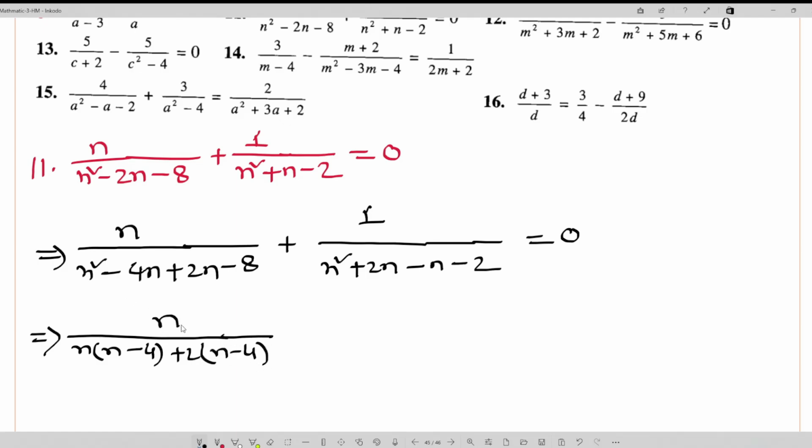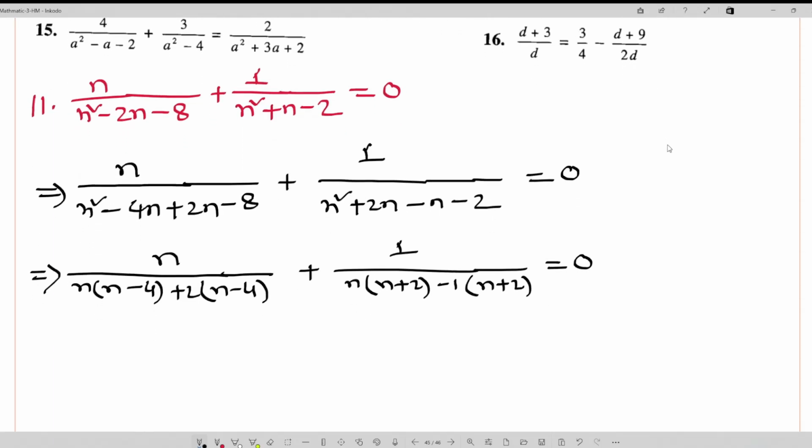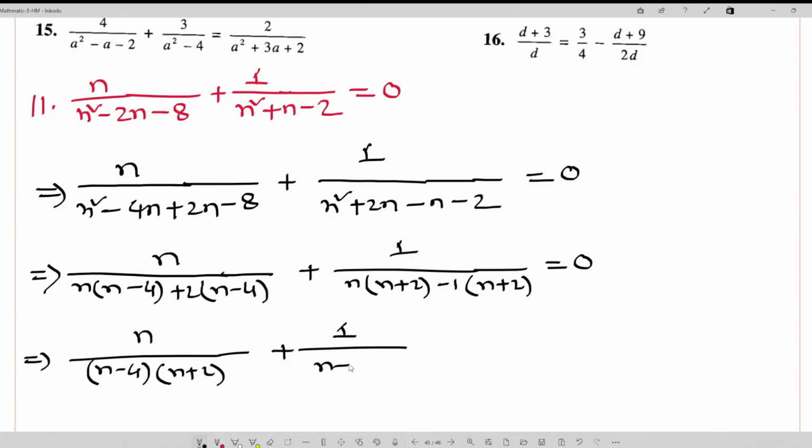And here is n plus 1, here is n common, n plus 2, minus 1 common, n plus 2, equal 0. Then n minus 4 times n plus 2, here is n and here 1, divided by n plus 2 times n minus 1 equals 0.